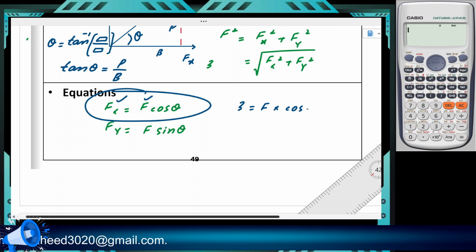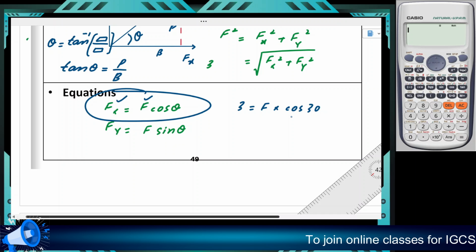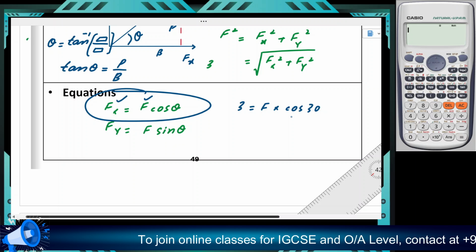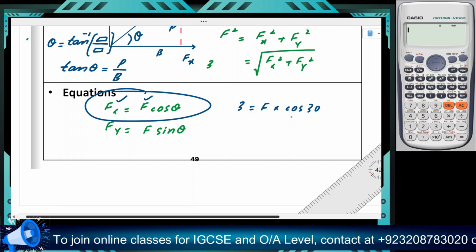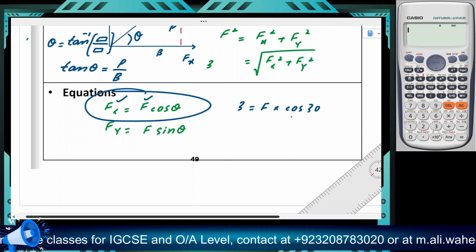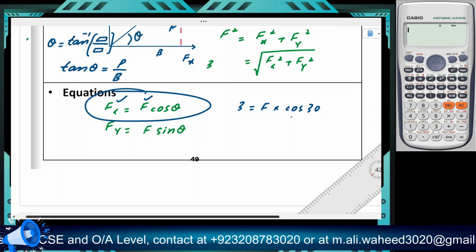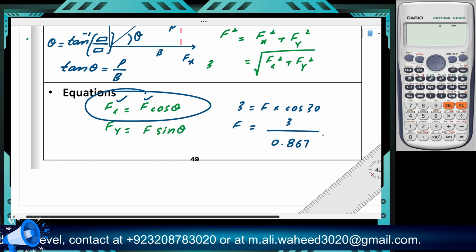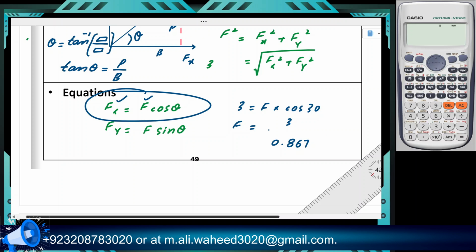So we write it over here. So what is the vector f equal to? That equals 3 divided by whatever the answer of cos theta is. Cos 30 is, which I assume is 0.867 something. Or you can just hit the fraction button, write 3 in the numerator, cos 30 in the denominator, and press the equals button.